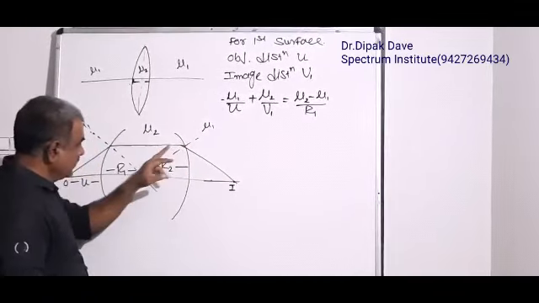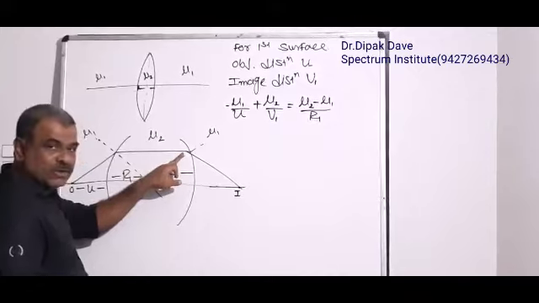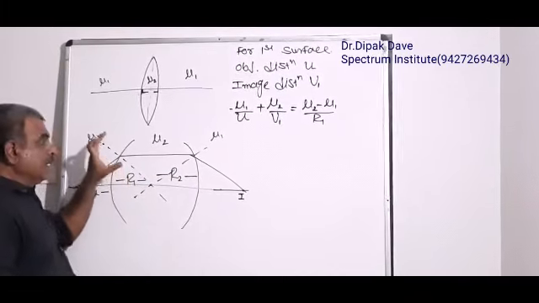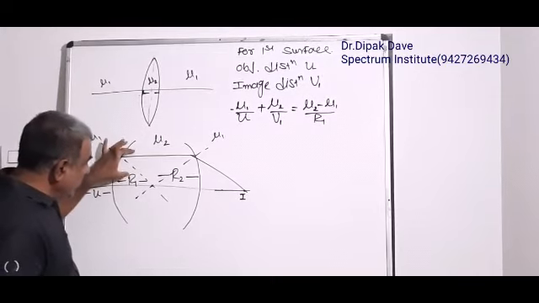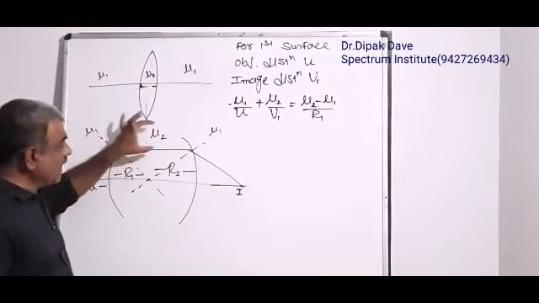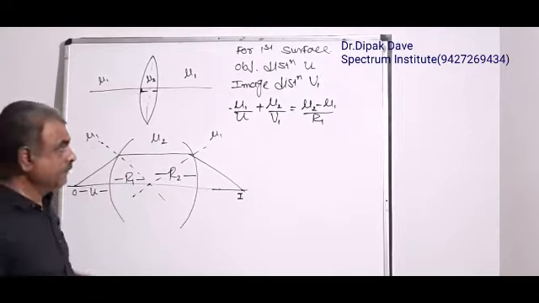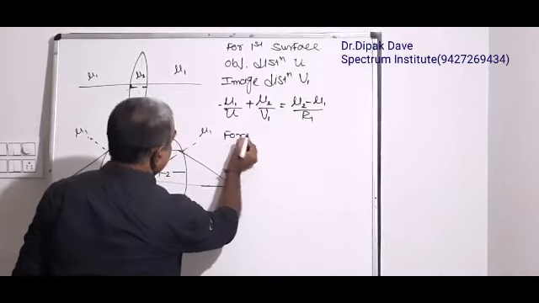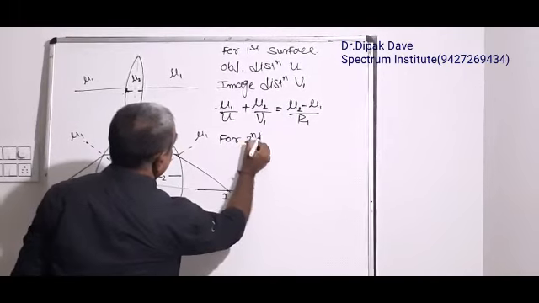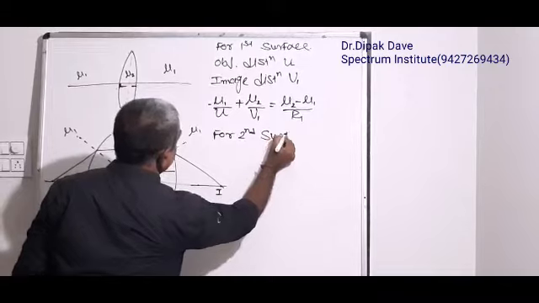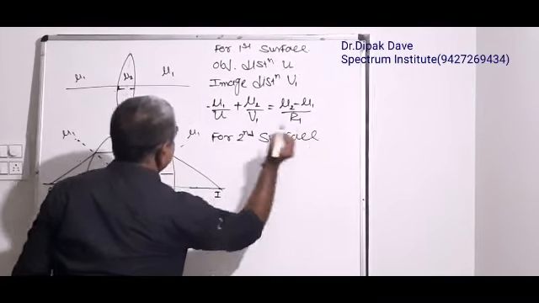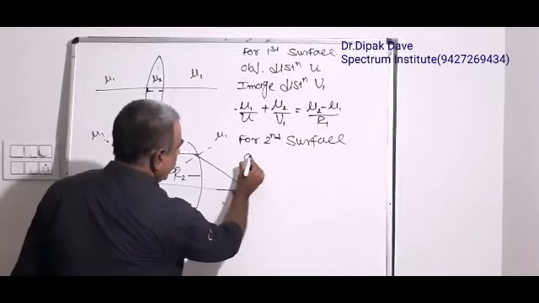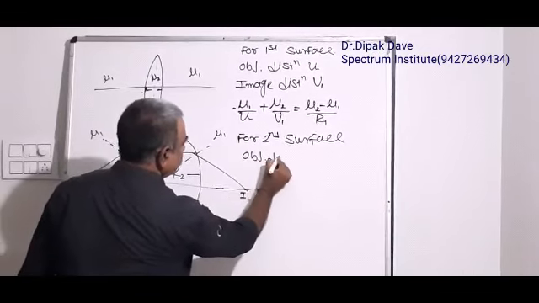For this surface, the angle of incidence will be decided by refraction through the first surface. That's why the image distance of the first surface will act like the object distance for the second. So for the second surface, what will be the object distance?